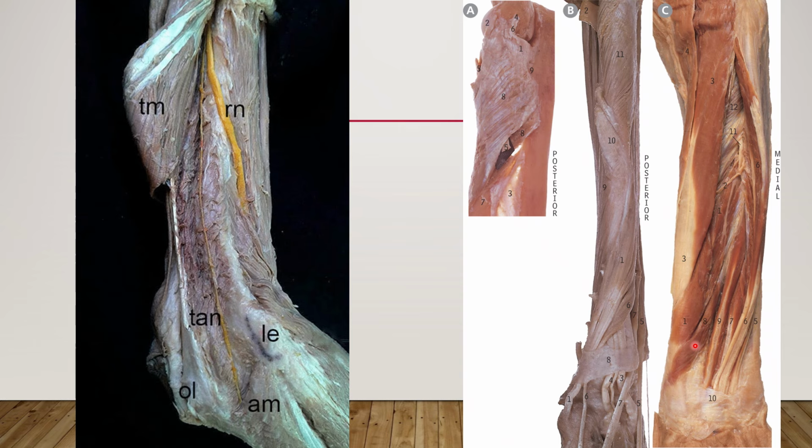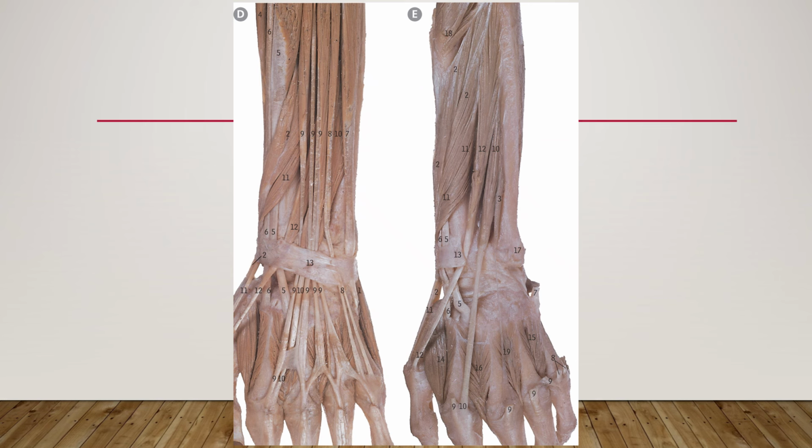Okay, posterior compartment of arm. Here you can see clearly, again I repeat, brachioradialis, extensor carpi radialis longus, extensor carpi radialis brevis, three on the lateral side.